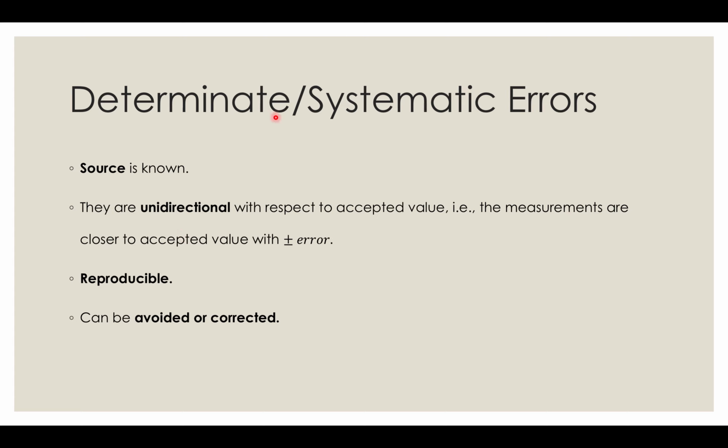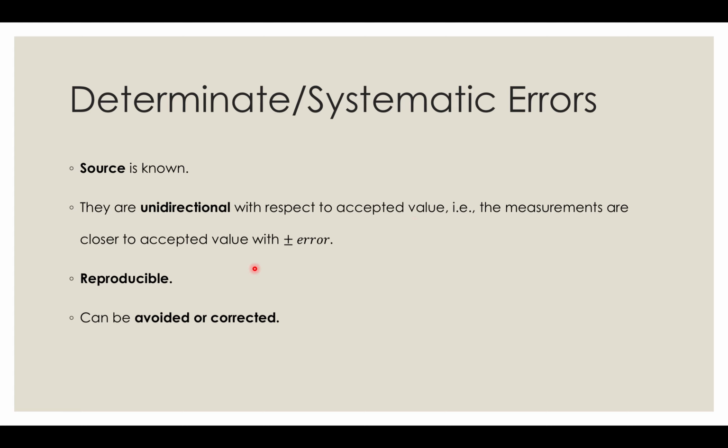Determinate error can also be called systematic errors. As we already discussed, their source is known. So whenever we say any analytical determination has determinate error, we actually know the source from which the error is coming. Another characteristic of determinate error is that they are unidirectional with respect to the accepted value.